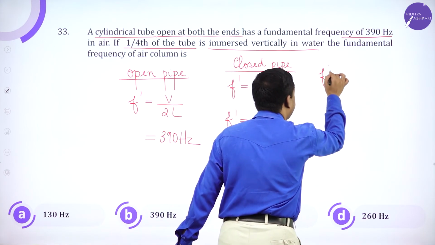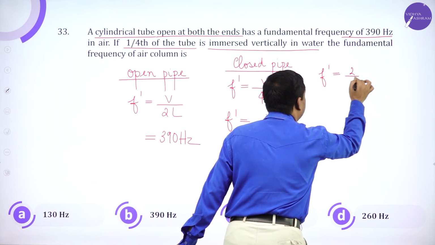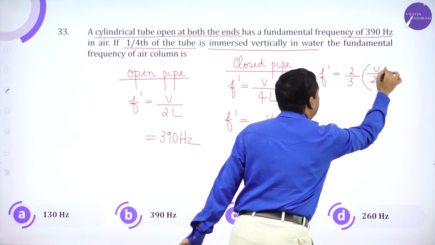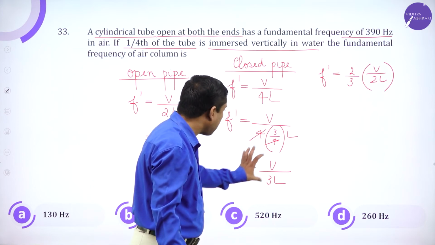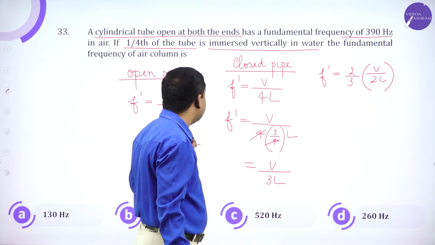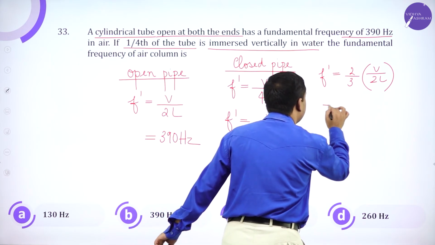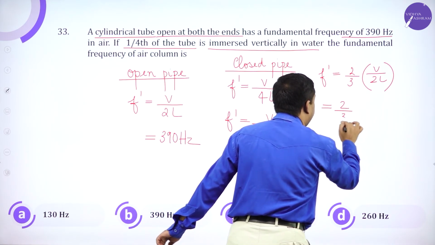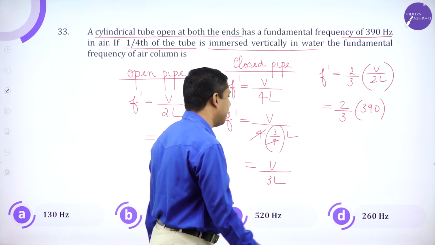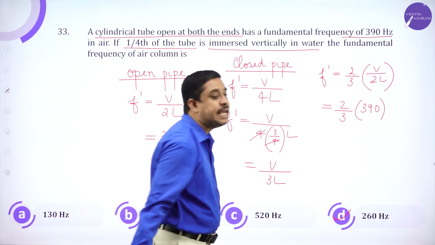So here F dash will be 2 by 3 into V by 2L. Just rearranging this expression, because I have V by 2L, 390 hertz. So 2 by 3 into 390. So the answer is 260 hertz.